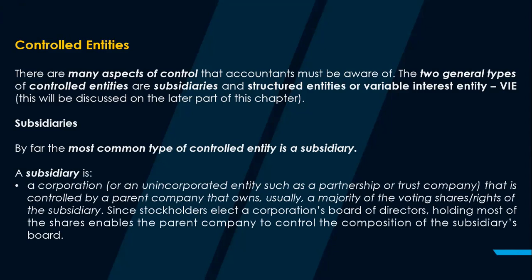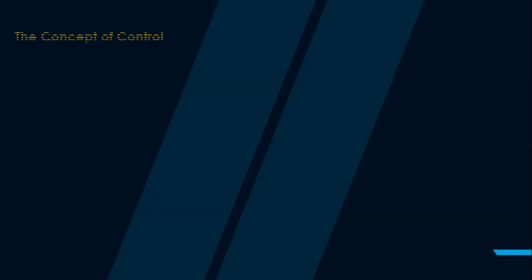Since stockholders elect a corporation's board of directors, holding most of the shares enables the parent company to control the composition of the subsidiary's board.